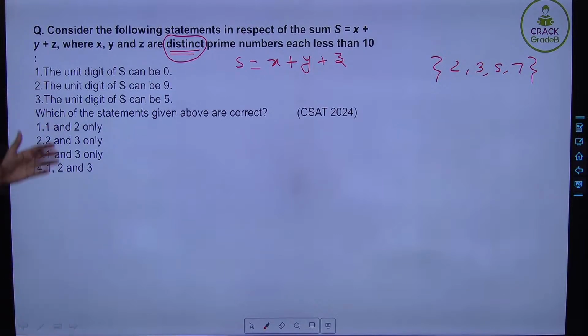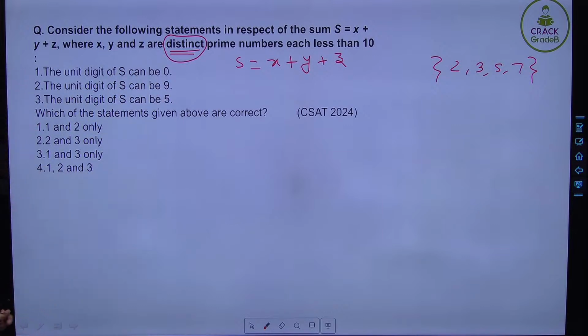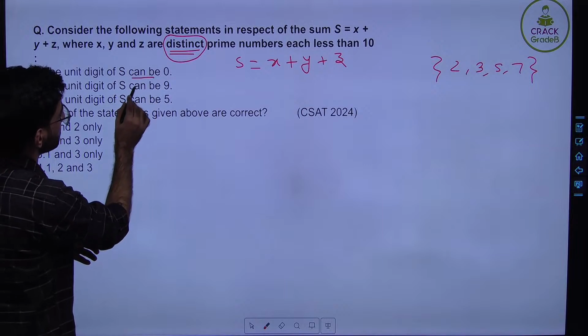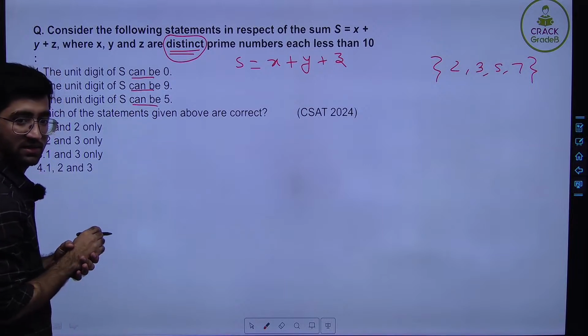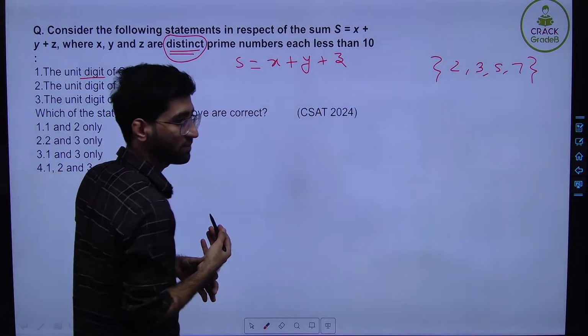If you look at the question, it has been given that the unit digit of s, obviously the sum s, can be 0. Okay, and look at the options. And what is s? x plus y plus z.